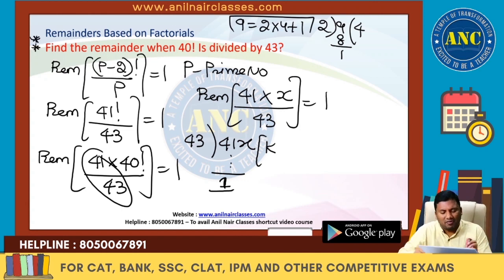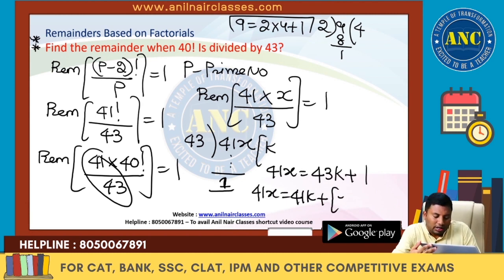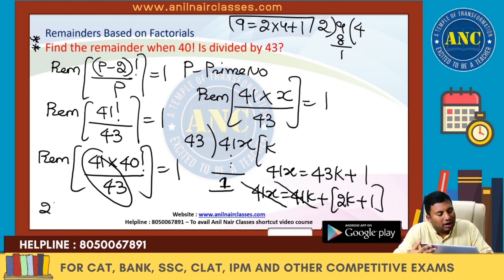Listen carefully, sir. Very good questions. 41x is equivalent to 43k plus 1. So 41x is nothing but 41k plus 2k plus 1. This part is divisible by 41, so 2k plus 1 should be divisible by 41.